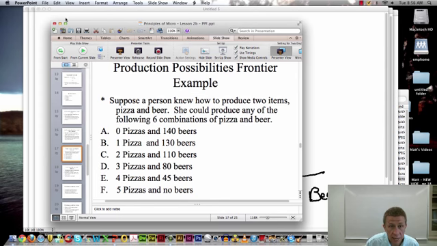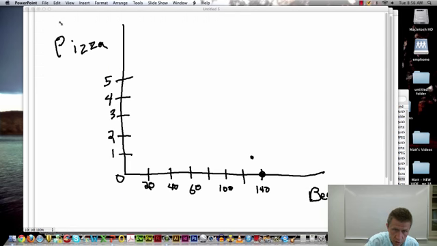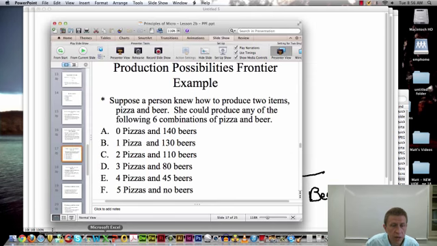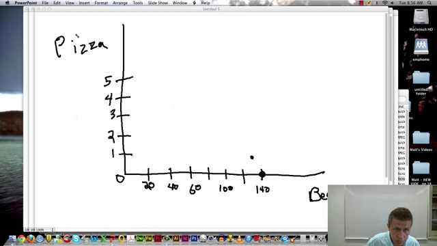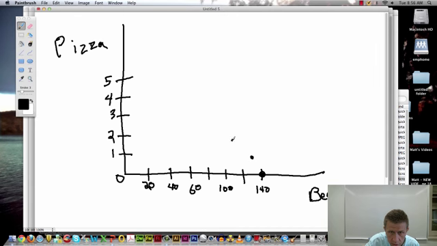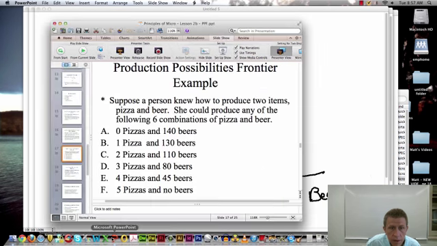I'm sorry, we skipped one here. So going back to the problem, 2 pizzas and 110 beers. So 2 pizzas and, let's see, between 100 and 120, that's our point. 3 pizzas and 80 beers was a point, right about there. And then we have 4 pizzas and 45 beers, or 5 pizzas with no beer.